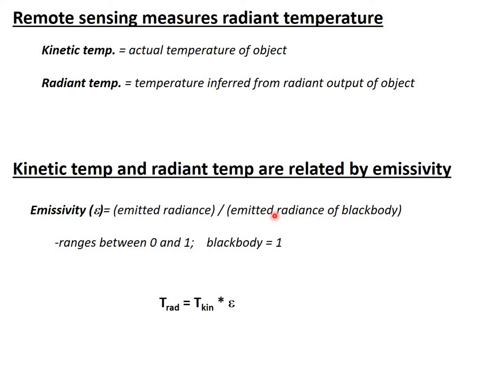Okay, so if something's a perfect emitter, it's going to emit the denominator, but most things on Earth, including water, do not emit as much as a black body. So the emissivity becomes a fraction between 0 and 1. And of course, a black body itself would be 1. So mathematically, that just works out to the radiant temperature is equal to the kinetic temperature scaled down by the emissivity.